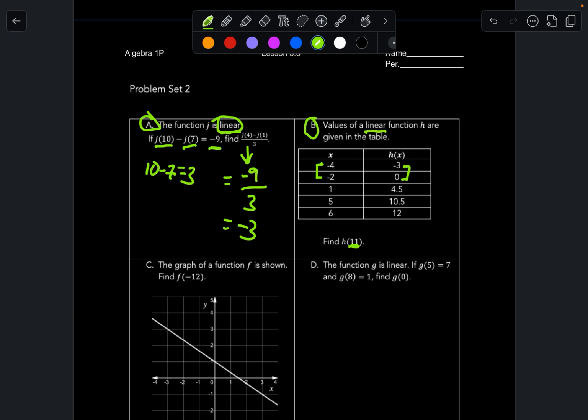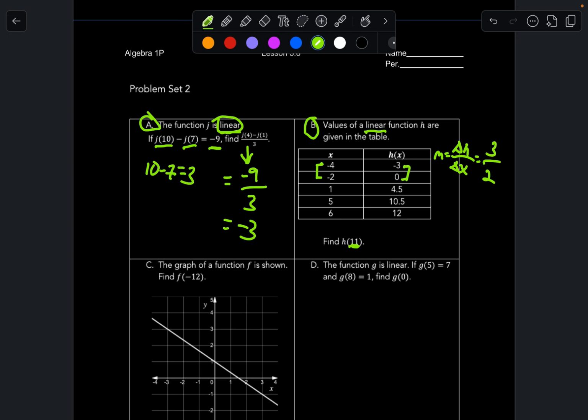You don't even have to guess. It's linear. So the slope, or the rate of change, is the change in h over the change in x. You add 2 to x, or adding 3 to h.